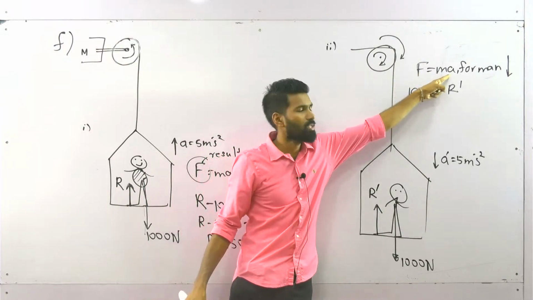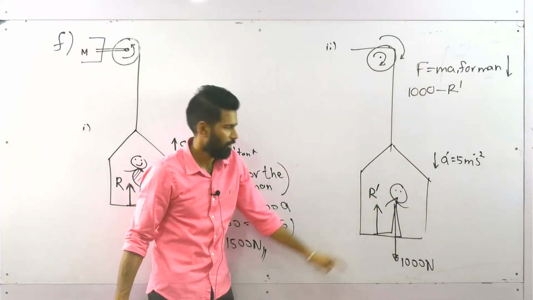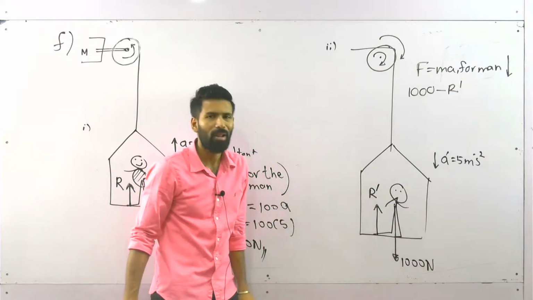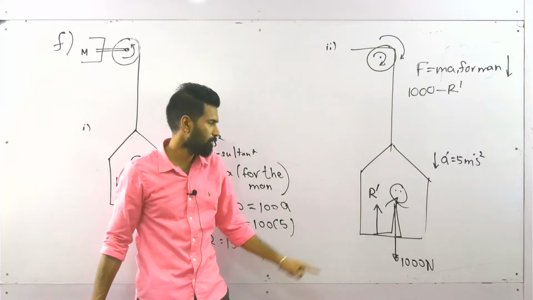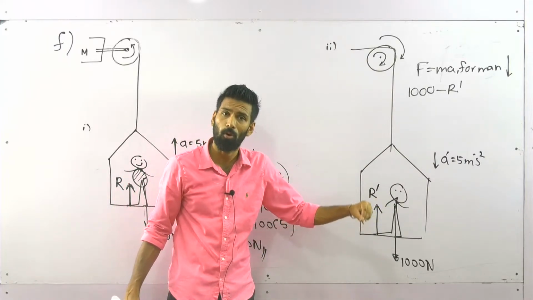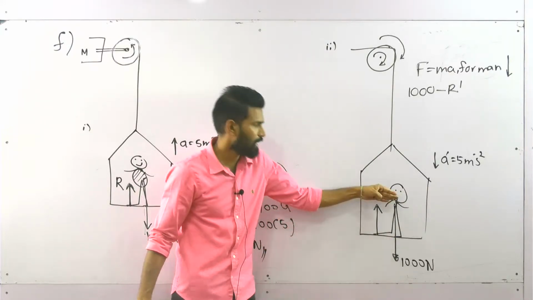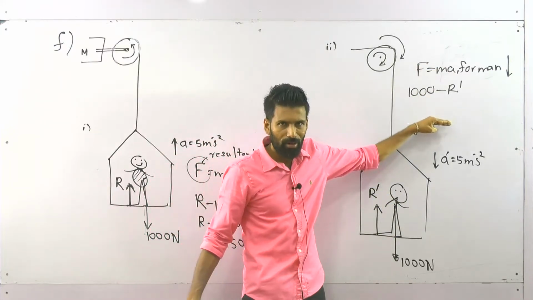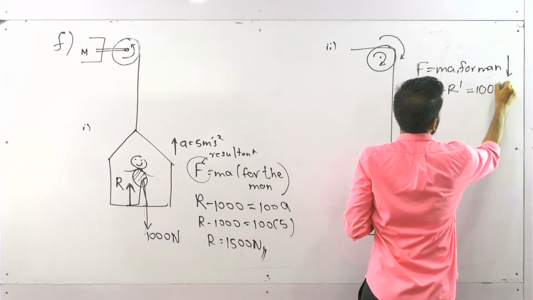As I'm using the equation in that manner, 1000 minus R dash. He is exerting a force downward on the ground, and the ground creates a force on him in the upward direction. We have to consider the forces acting on the man. As Newton says, 1000 minus R dash in the downward direction will be the resultant force, is equal to 100 a.